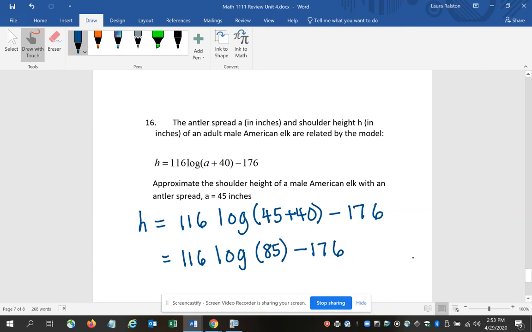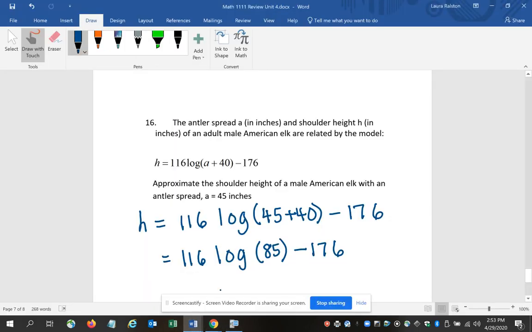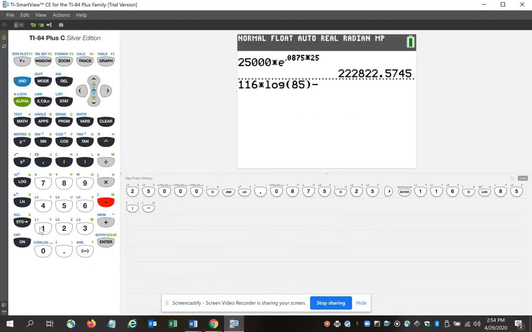Calculator, calculator, calculator. So we would type 116 times the log of 85, close the parentheses, minus 176, because that's what the formula says. Enter.